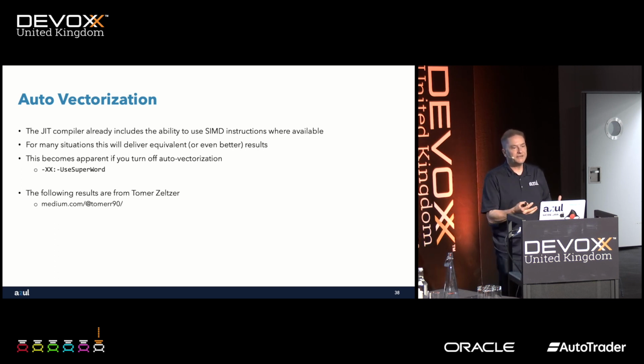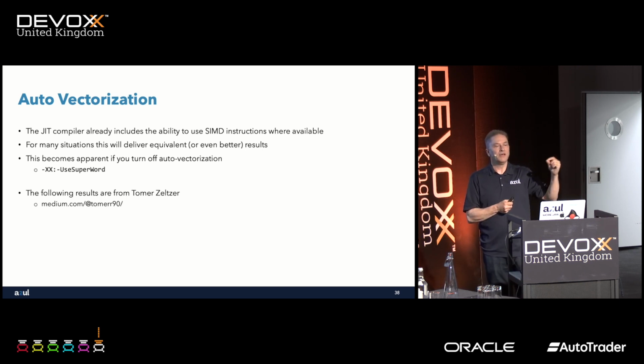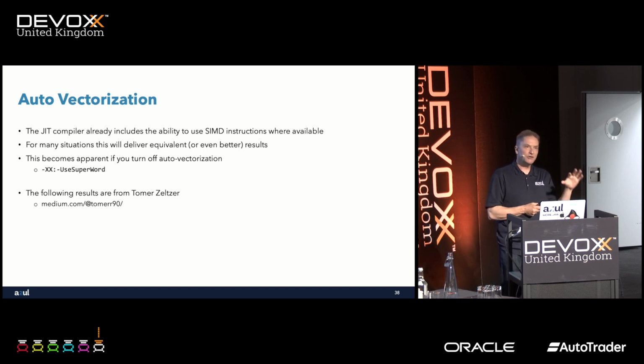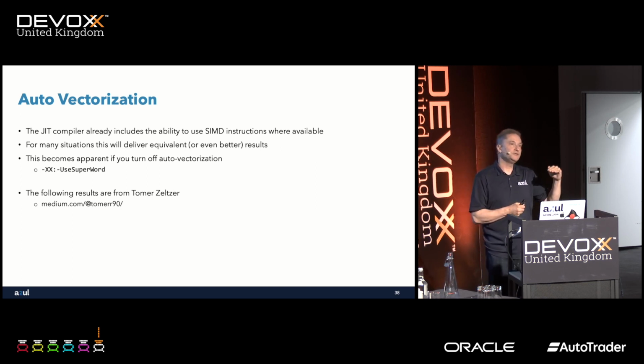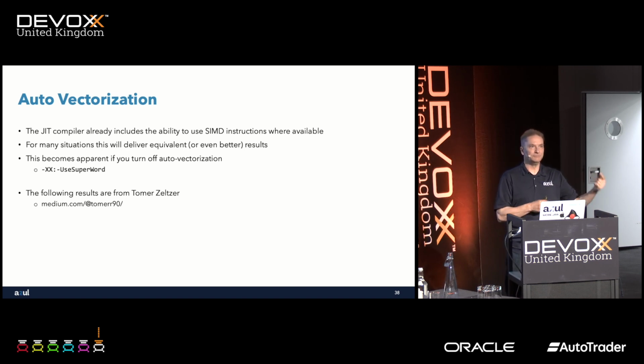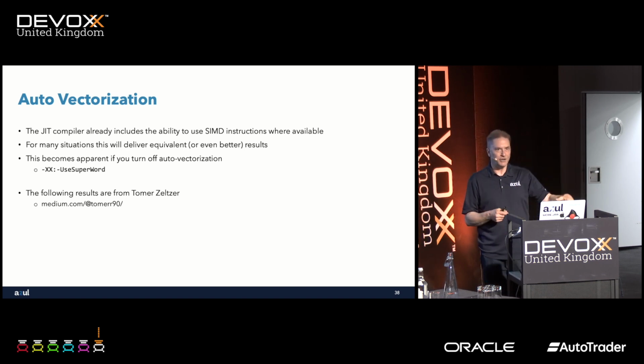Where the JIT compiler sees things that can use vectors, it will just do it automatically. The way to find out how much of a difference it makes is to turn that feature off. If you use the -XX:-UseSuperWord option on the command line, that says don't use autovectorization, so you can compare what you get with and without vectorization.